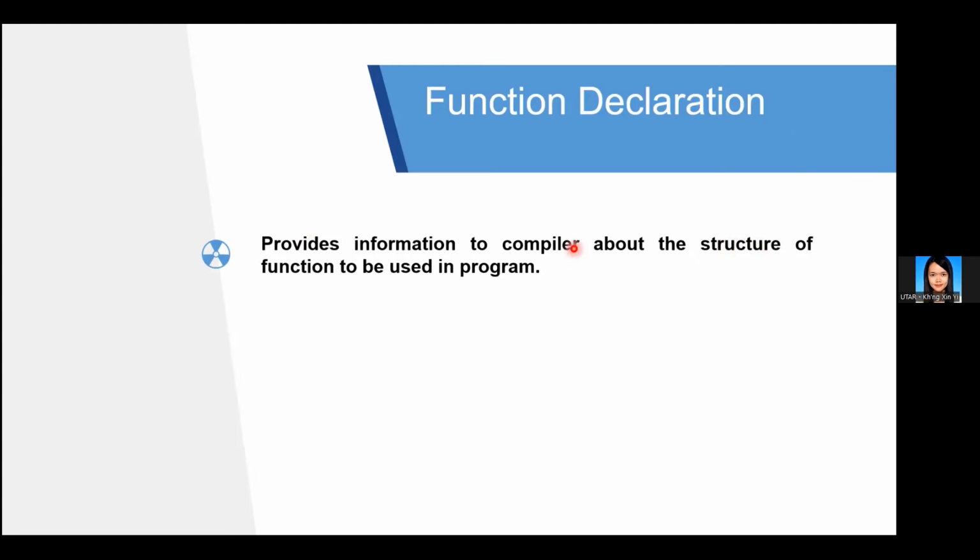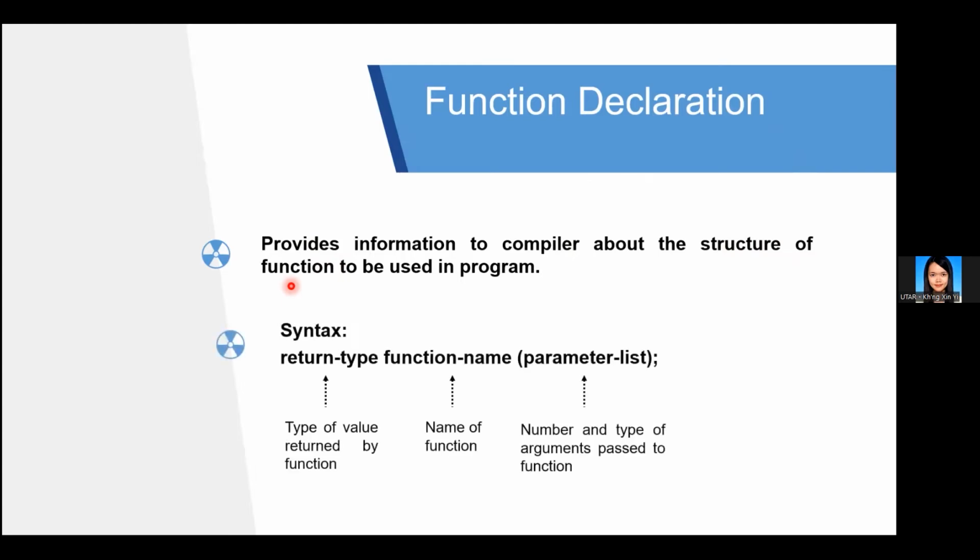So what does the structure of the function mean? What does the structure actually consist of? What is the information that we want to provide to the compiler regarding the function? There are three things that we want to tell the compiler. The first thing is, what is the return type of the function?